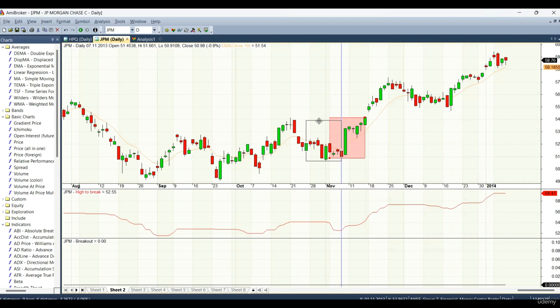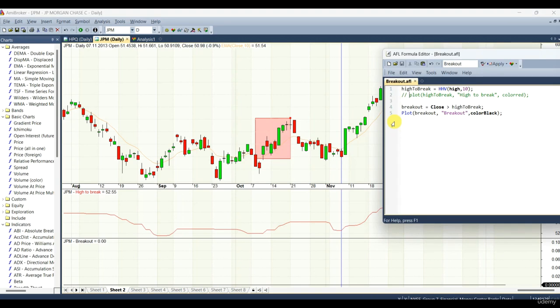We can take this box anywhere, for example, to this highest one. Again, can the close be higher than the highest high of the same bar? No. So that's why it's not working like this.